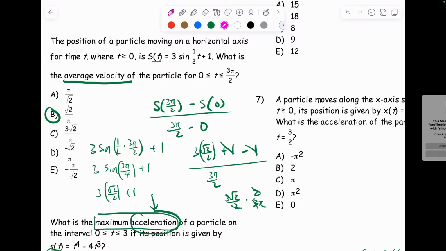So I had to plug in 3 pi over 2. This morning I did the question and got 3 square root 2 over 2 plus 1. But I forgot to plug in s of 0. I was like, wait, the answer's not there, so I was puzzled. If I plug in 0, I got 1. So 1 and 1 subtract each other, and you'll end up with 3 square root 2 over 3 pi over 2, and everything cancels out. You're going to get square root 2 over pi. I got square root 2 over pi. What'd you guys get?